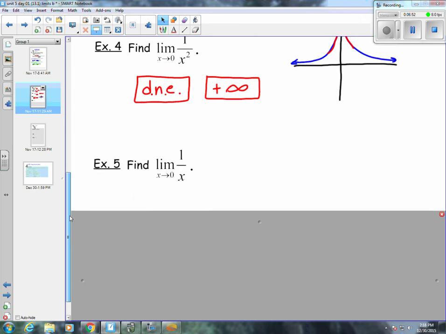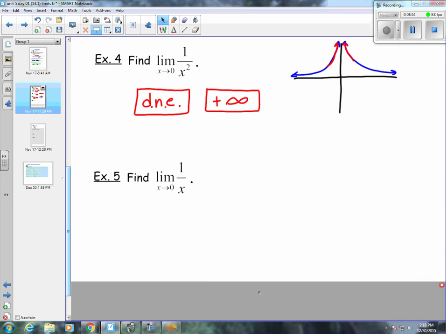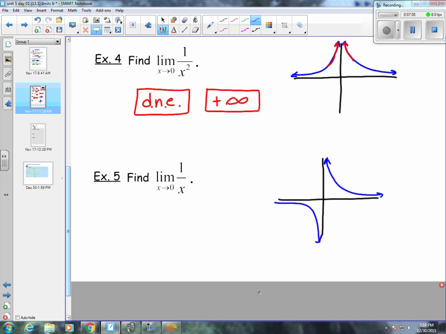Now that's not going to work in this next case. How about the limit as x approaches 0 of 1/x? Well, let's look at that graph. Now, as we approach 0 from the right, we're approaching positive infinity.